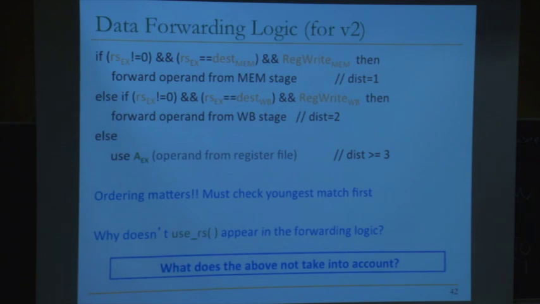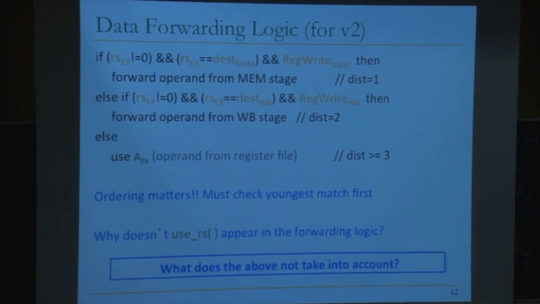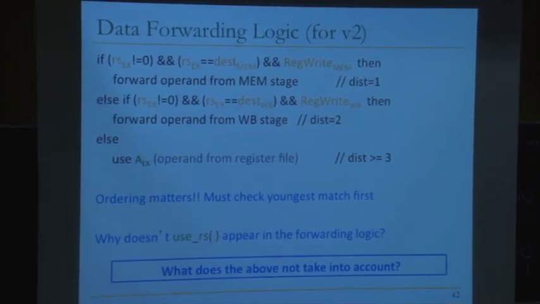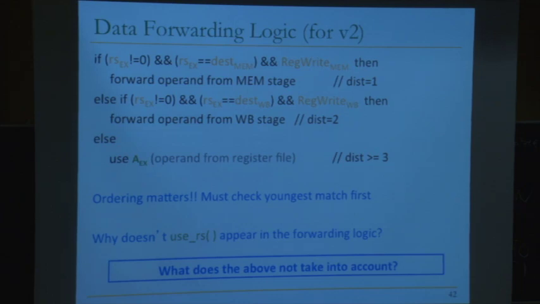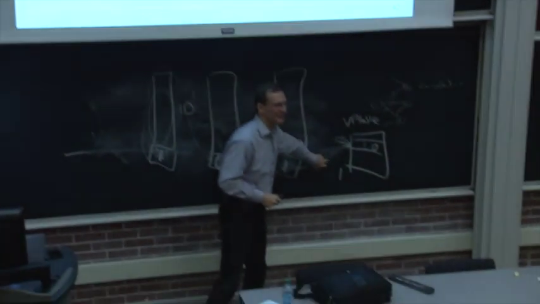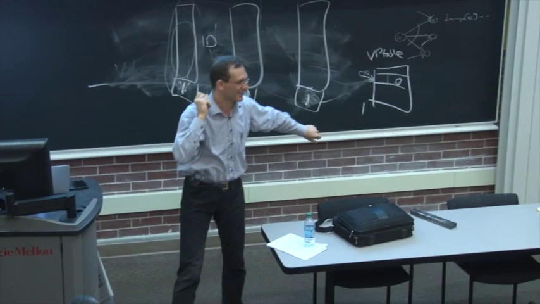Okay. I guess what does the above not take into account? I guess it depends on how you design the pipeline, actually. But if you actually have a design with valid bits like this, you'd better check if the instruction is valid, right?